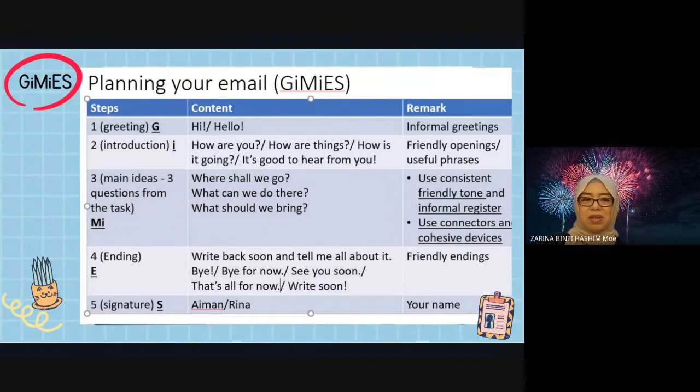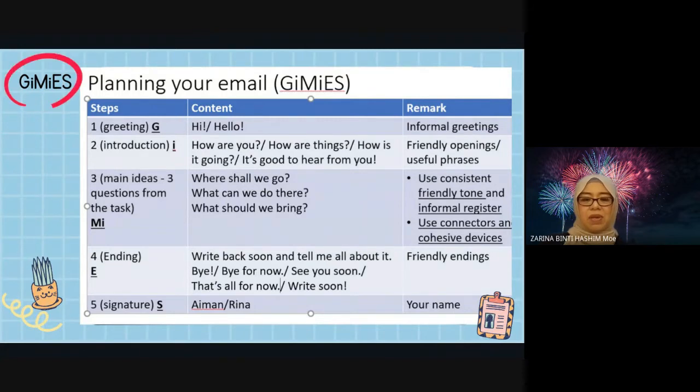All those words like and, or, but, so, firstly, secondly. But for this one, that is not enough for you to have in your essay. You must also use cohesive devices. What are cohesive devices? We will look at that after this.